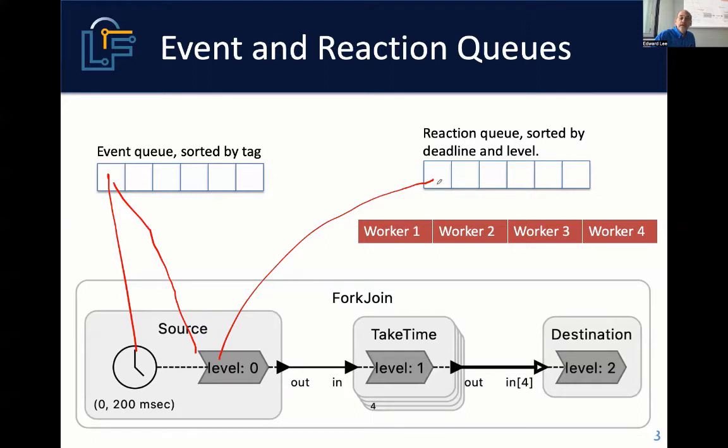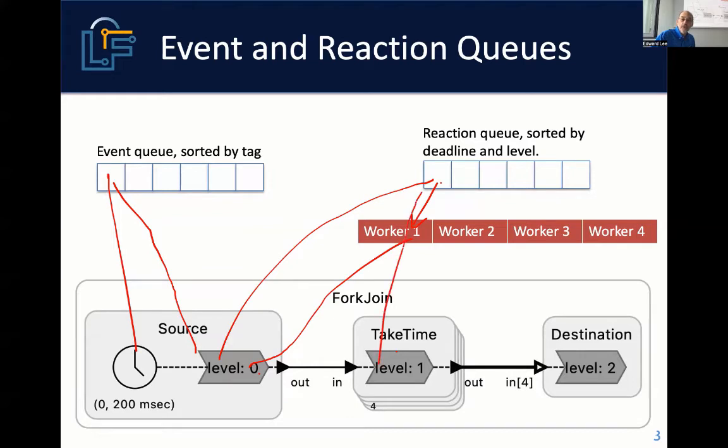So the workers then just pull reactions off the reaction queue from the head. Since they're sorted by level, this is going to ensure that if there's more than one, then more than one worker can pull them off at the same time. But in this case, initially there's only one, right? This reaction right here. So one of the workers gets it, executes this reaction, which then enables 4 destination reactions.